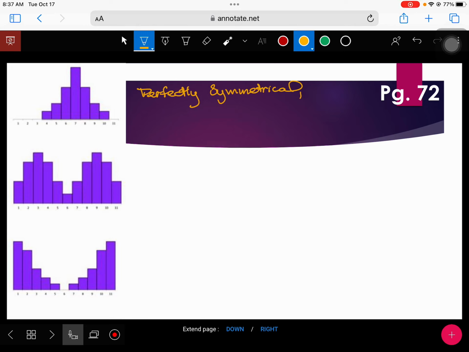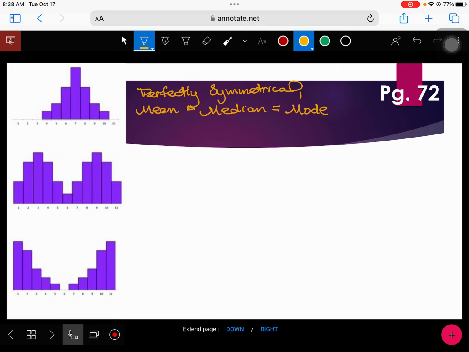Yes, go back and look at the page just before. So that means the mean... Go ahead. Does that mean the mean and the median are the same? Yes. Because it's perfectly symmetrical, the mean is going to be equal to the median, which is also going to be equal to the mode.